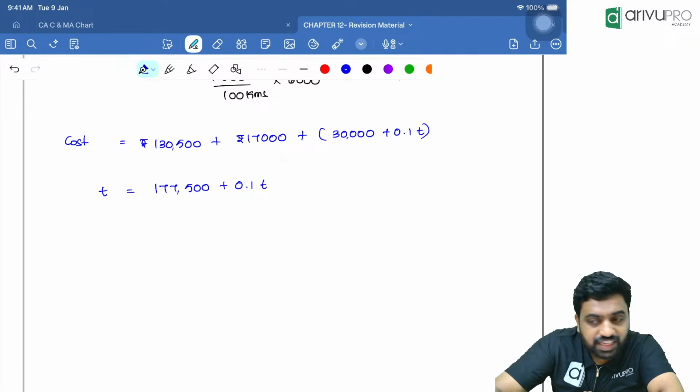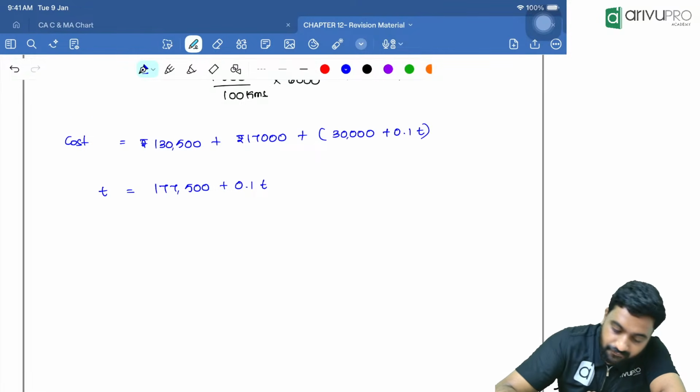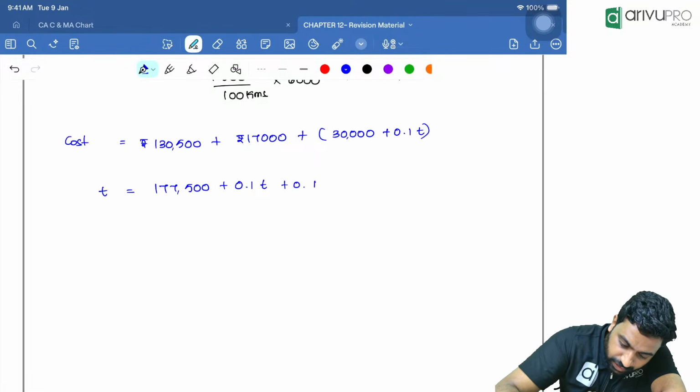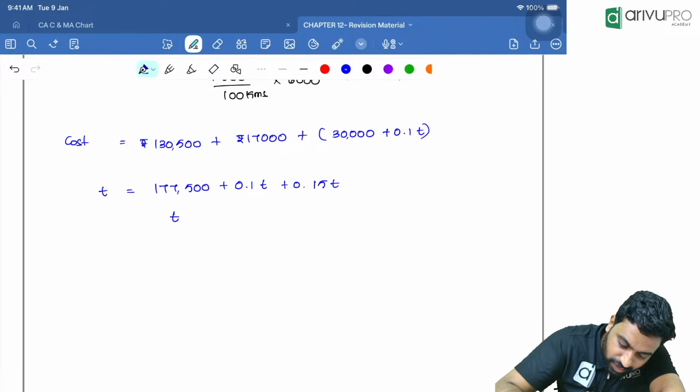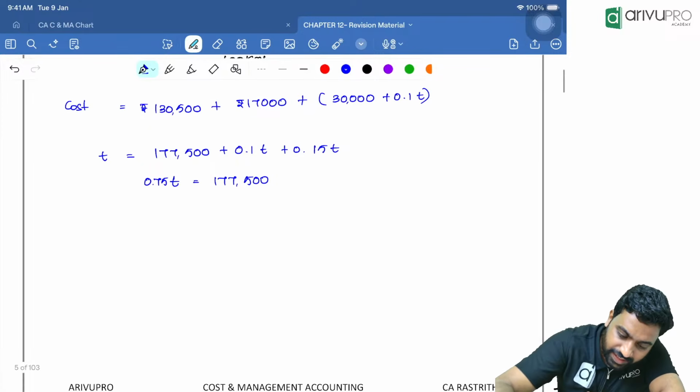Profit will be 15% of this takings, which is 0.15 T. Cost plus profit is equal to takings. So takings will be, guys, or you can bring that this side, 0.75 takings is equal to 1,77,500.